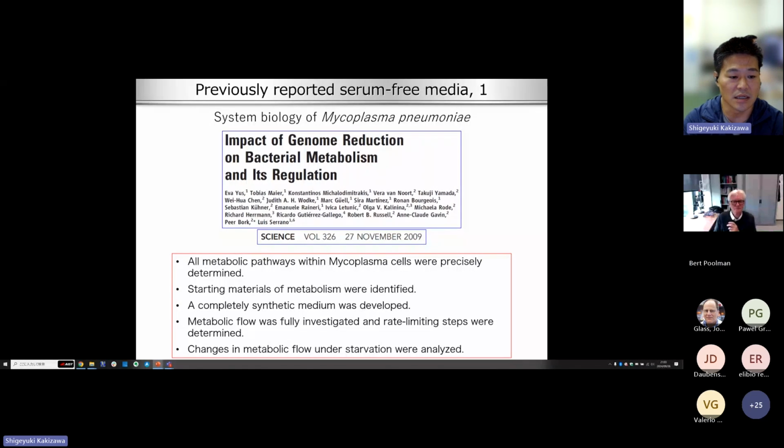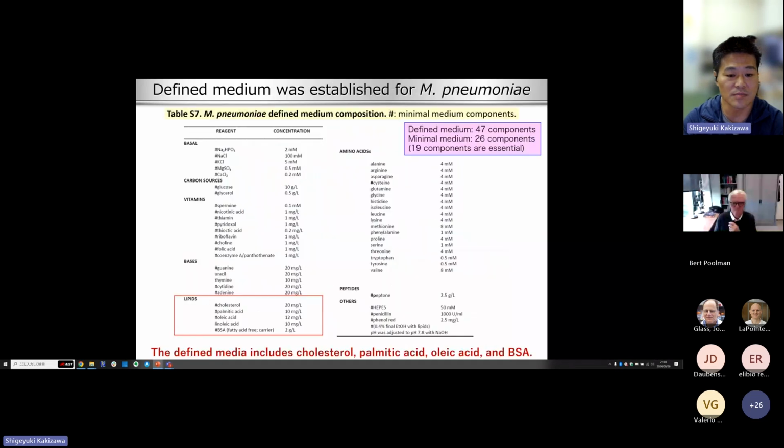They did a lot of metabolic pathway analysis using Mycoplasma pneumoniae, and during these procedures, they successfully established a defined media for mycoplasma. The defined media includes cholesterol, palmitic acid, oleic acid, and BSA, which is a lipid carrier.